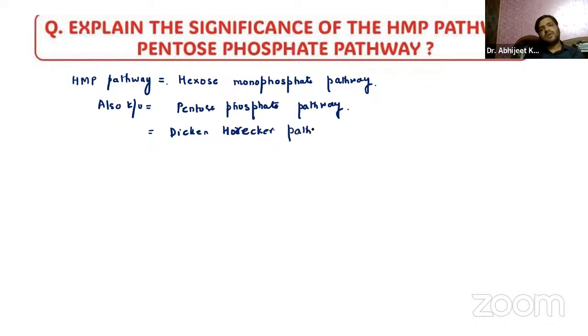So we have three names: hexose monophosphate pathway, pentose phosphate pathway, and Dickens-Horecker pathway.